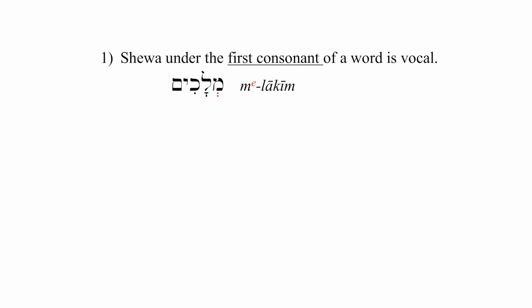As you move from mem with no vowel into the lamed that follows, it is impossible to pronounce that without some kind of transition in sound. Mul. Even in its most basic form, mul, you're going to hear a transition in sound. We refer to that as a vocal schwa. It's not a rule to memorize. It is the logical outcome of trying to move from a vowelless consonant into the next syllable, melakim.